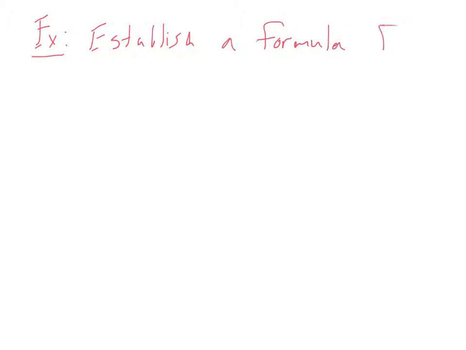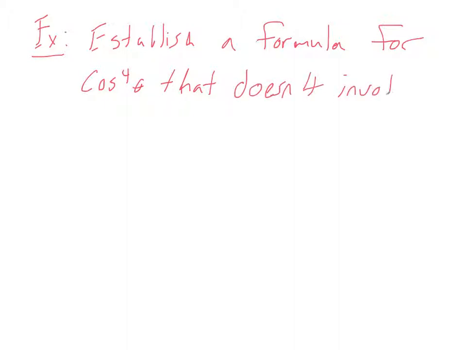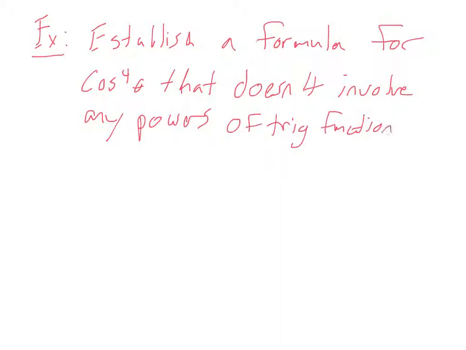So I want you to establish a formula for cosine to the 4th theta that doesn't involve any powers of trig functions greater than 1.